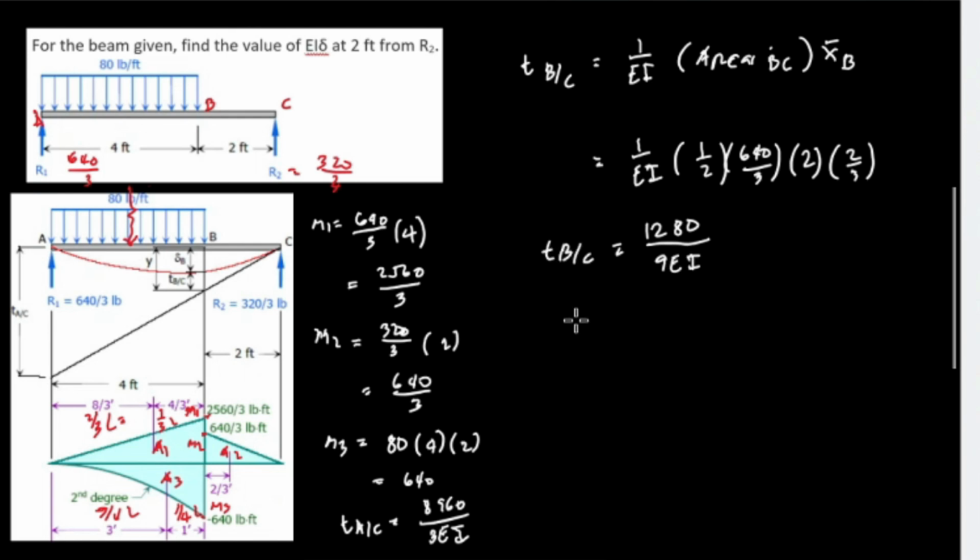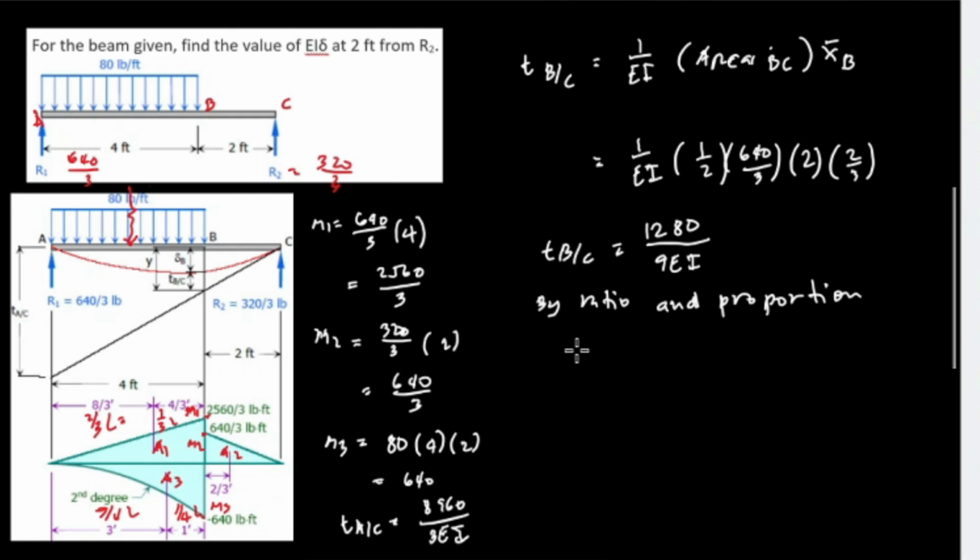By ratio and proportion, the big triangle T of AC is to the distance AC, as Y is to distance BC.